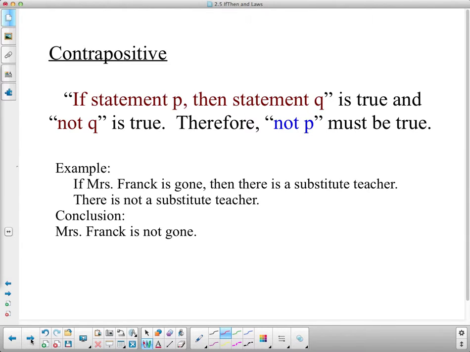When I use symbols, the squiggle that we've used is, in logic, used for negation. So if P then Q, not Q, therefore not P is true. Look at the example if you're done writing your notes.